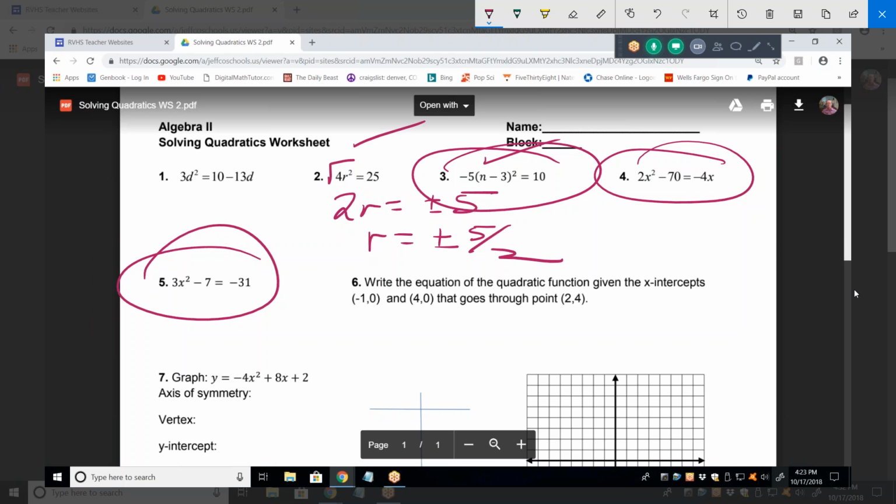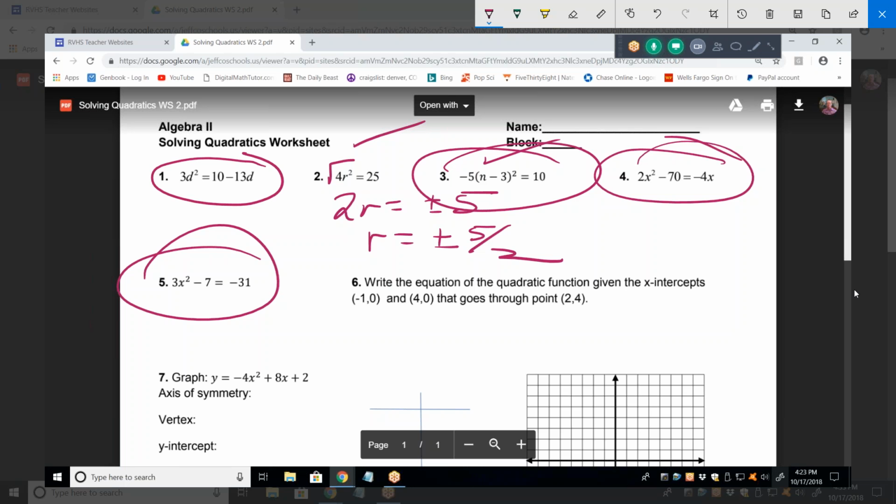There is, but I'm going to get this down to N minus 3 squared. I'm going to divide both sides by 5 for starters, and then I'm going to take the square root of both sides. So usually when you can solve a quadratic by taking the square root of both sides, that's what you want to do. Just that when you have a quadratic like that, you can't take the square root of both sides and get anywhere.